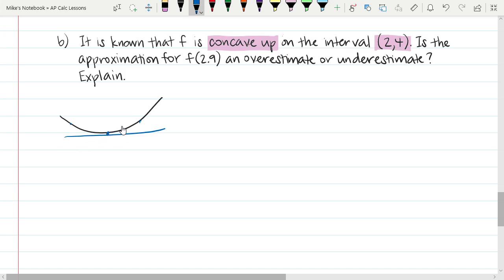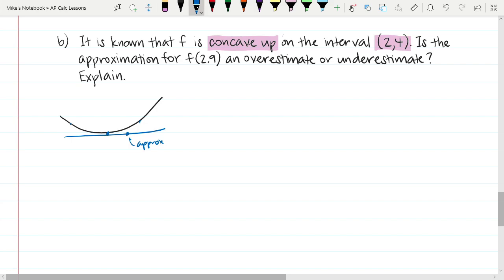So if my approximation is on the tangent line, and my graph is always above the tangent line, then that means my approximation is clearly too low because it is literally below the function. So because this function was concave up, they told us that, our approximation must be an underestimate because the function lies above its tangent lines, or you could say that the tangent line lies below the function.